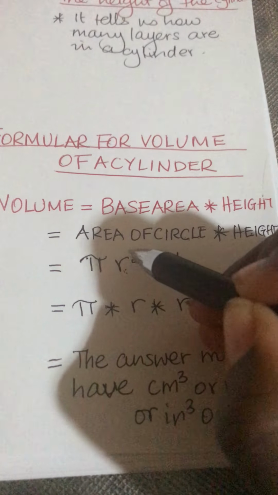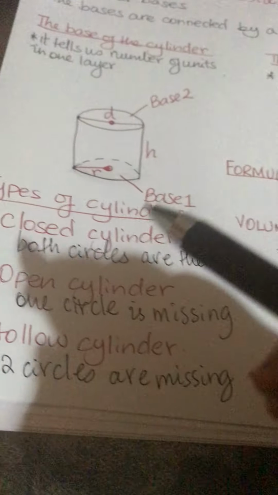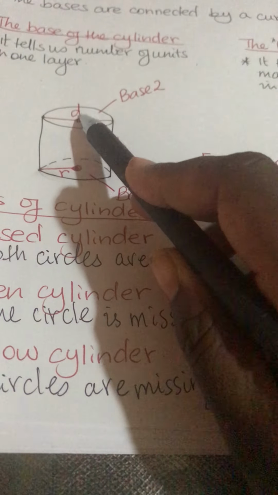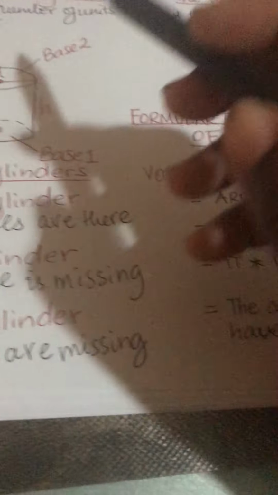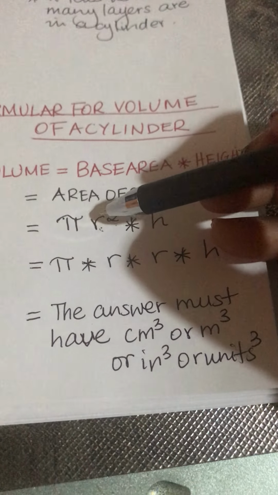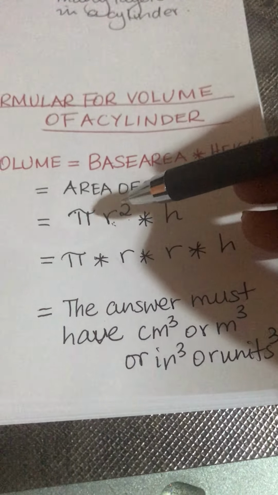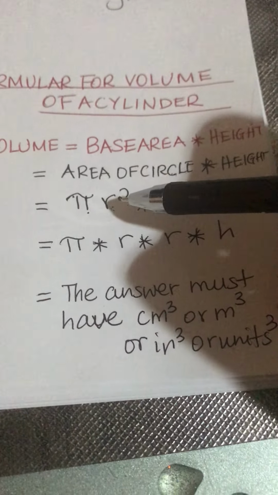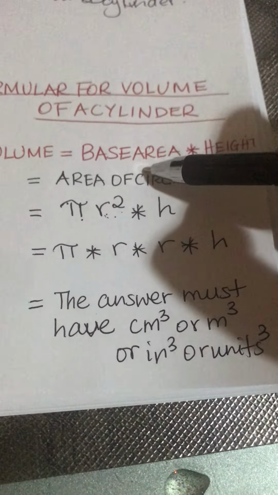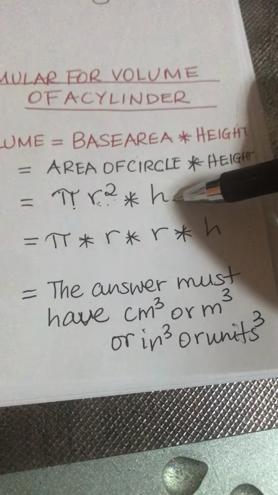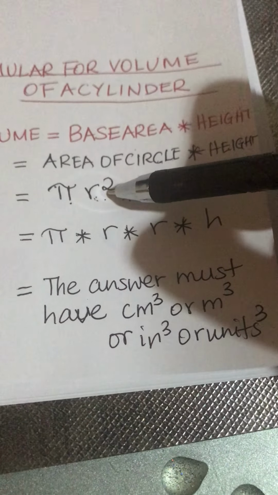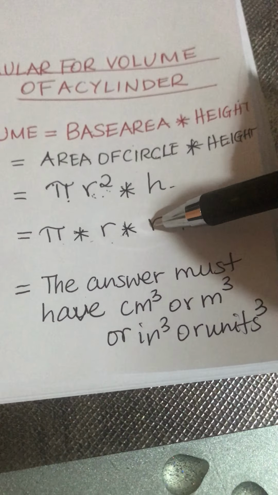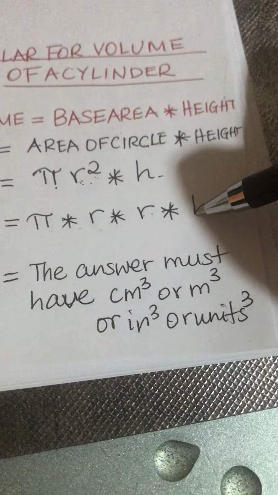Your formula does not have diameter, so if the question gives you diameter, you need to know what to do to get the radius, because the formula only uses the R. It doesn't use the D. So we write pi r squared, which is the area of the circle, and then you multiply by the height. R squared means R times R. So pi times R times R times the height.